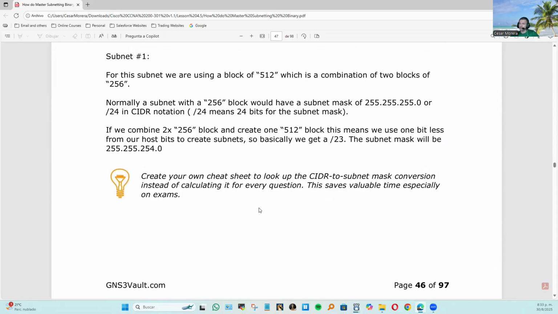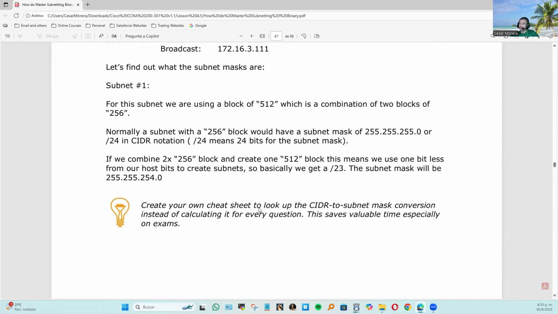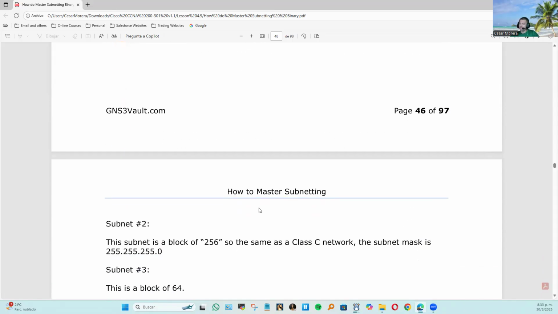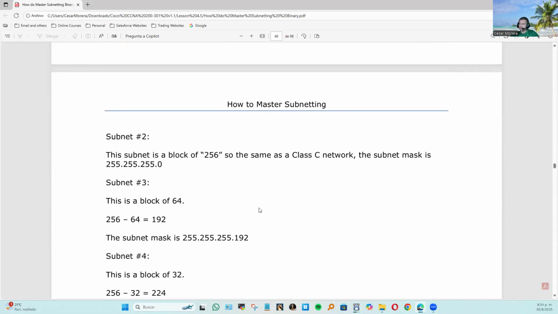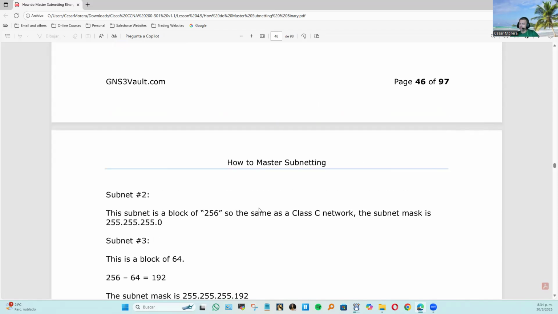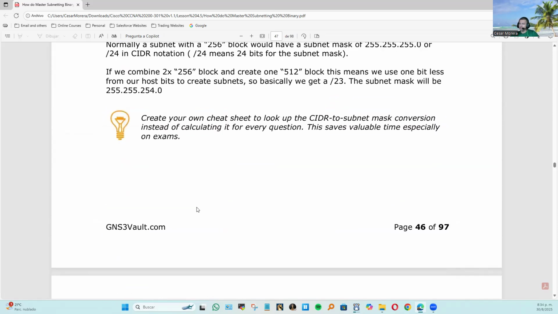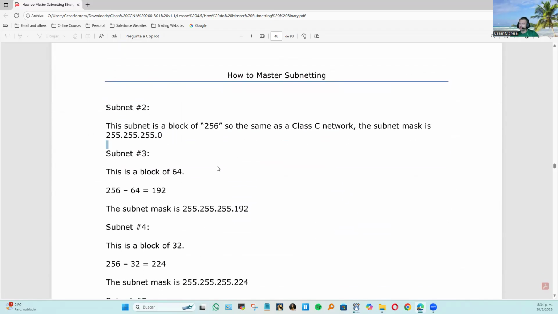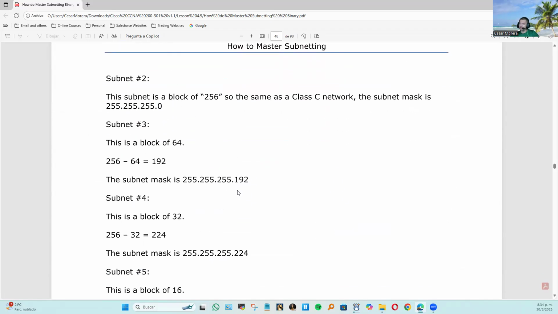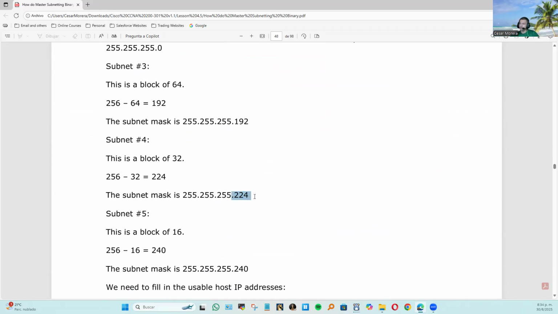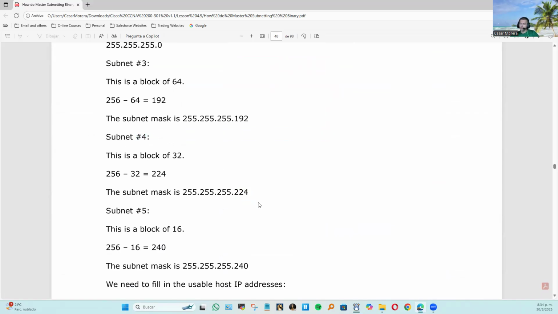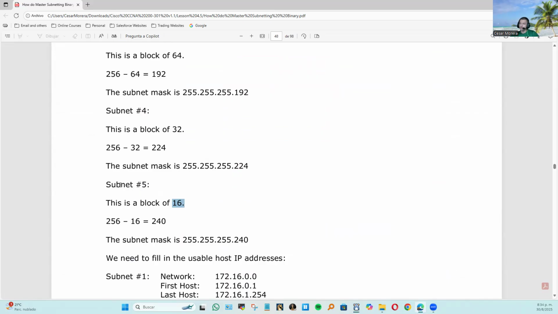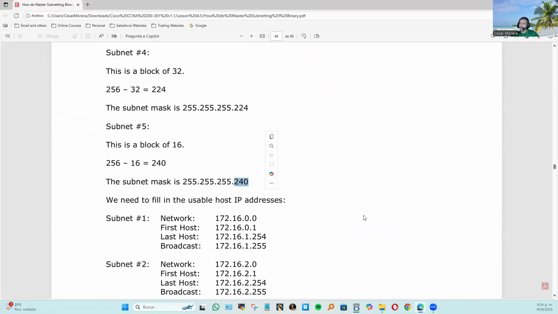You're just adding a one basically. So this is the first subnet mask. This is the second subnet mask. And then you have the 192 for the other mask, the 224 for the subnet 4 network, and the 16 for the subnet 5 is at 240.